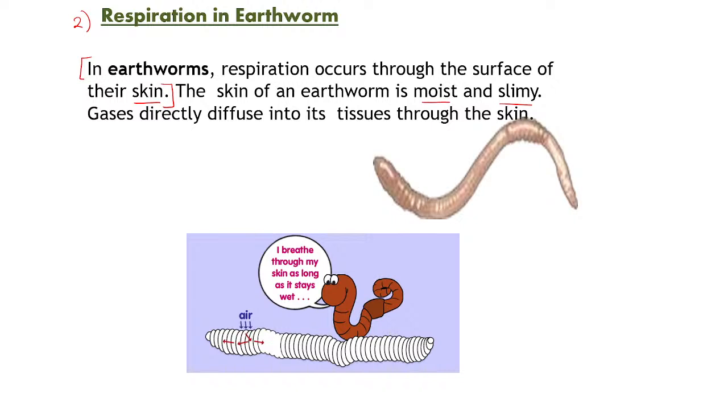Very watery kind of thing. And now you know the reason why. That is because the exchange of gases takes place through the skin. They don't have a nose or nostrils for the exchange of gases. So how do they exchange gases or breathe in and breathe out? With the help of their skin. And therefore the skin is moist and slimy or slippery to touch.